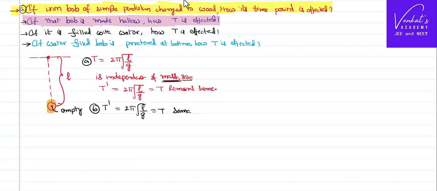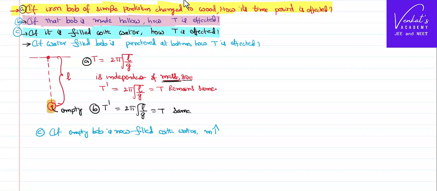Now look at the third case. If that is filled with water, how does the time period get affected? The empty bowl is now filled with water. So what happens when it is filled with water? Its mass becomes more, but still, as I said earlier, it's independent of the mass.